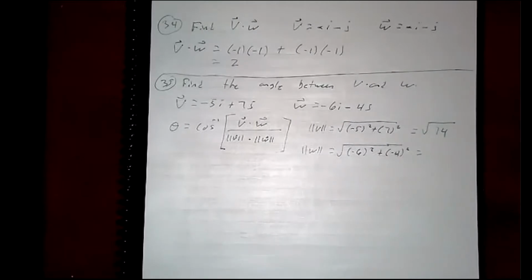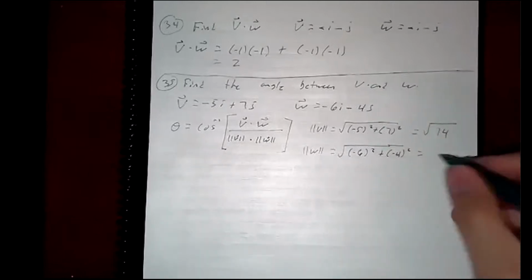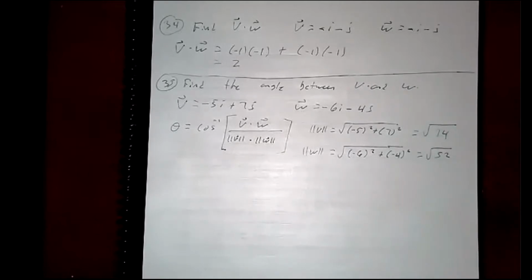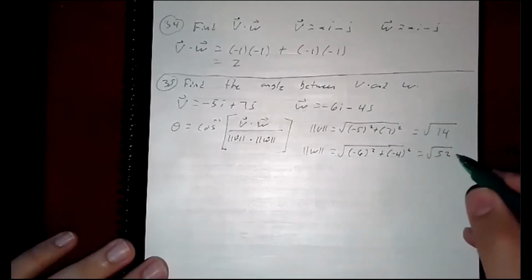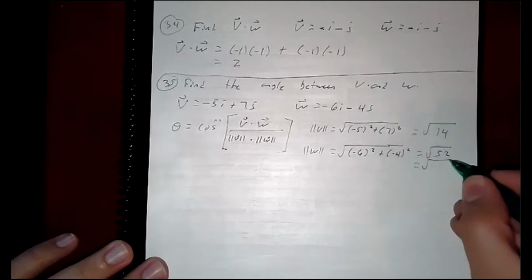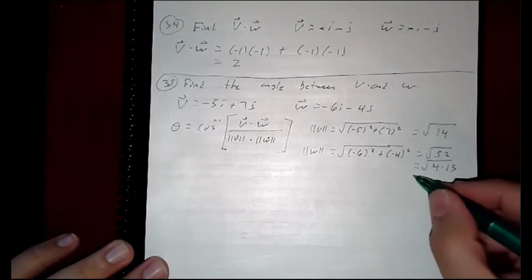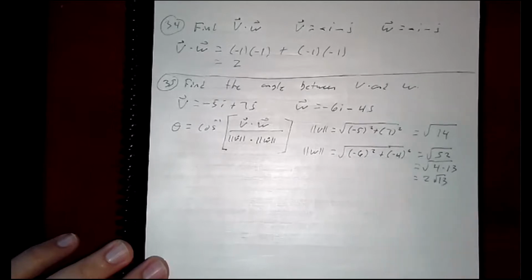What would that be? 52. Does that contain any perfect squares? I think it can be broken into 2 square root 13. Yeah, 4 and 13, so 2 root 13. All right.